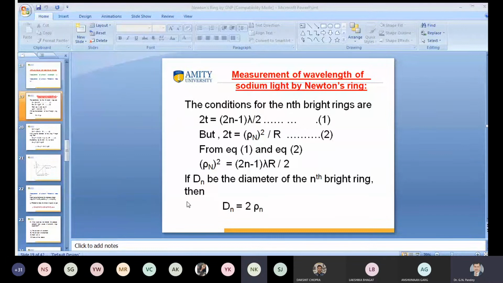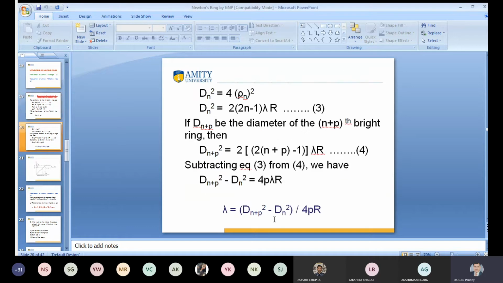If dn is the diameter of the nth bright ring, then you can also write that diameter is twice the radius. So dn is equal to twice rho n. Then dn square is equal to 4 rho n square.